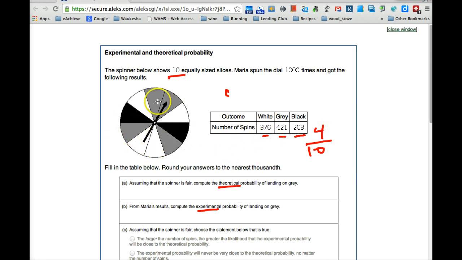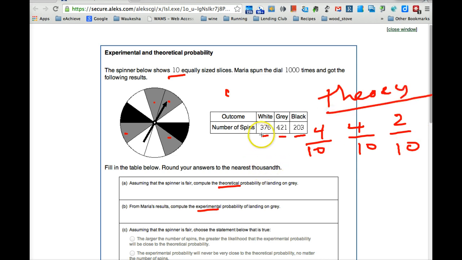The theoretical proportion of getting gray would be 4 out of 10 because there are 4 gray slots. And the theoretical proportion of getting black would be 2 out of 10 because there are 10 total spots and only 2 black. So there's a 40% chance of getting gray, because 4 divided by 10 is 0.40, and that makes it 40%. There's a 40% chance of landing on white, and there's a 20% chance of landing on black. And that's your theory.